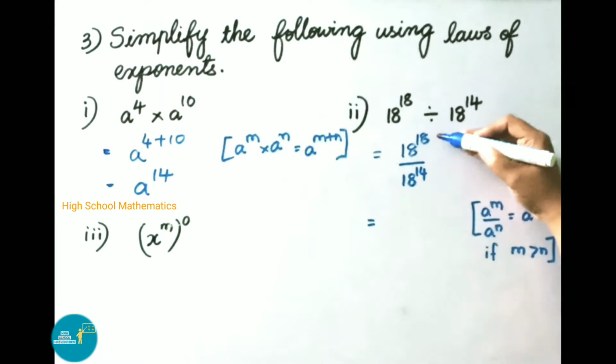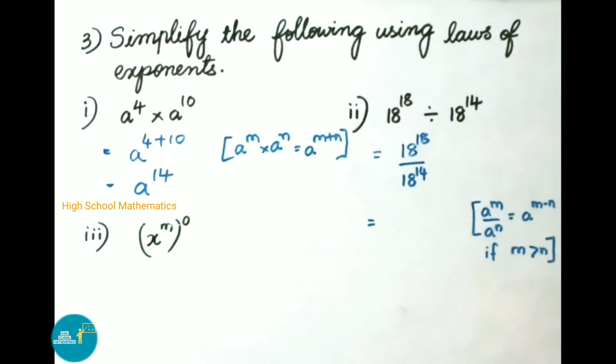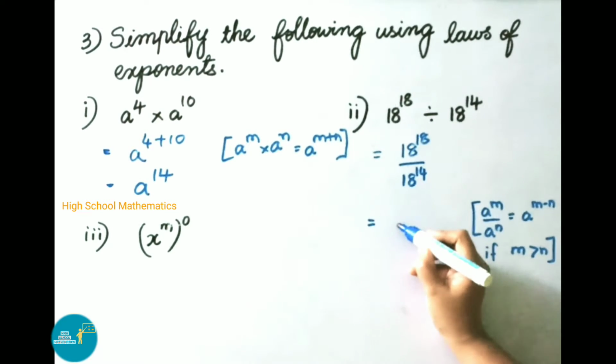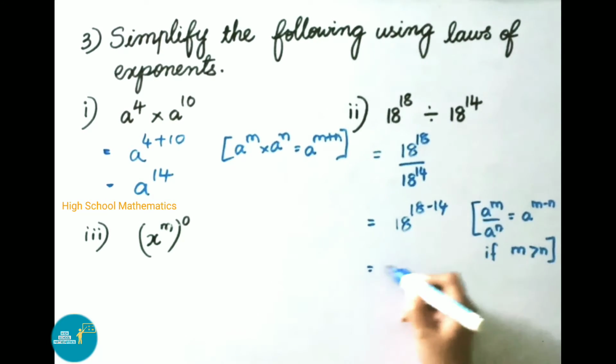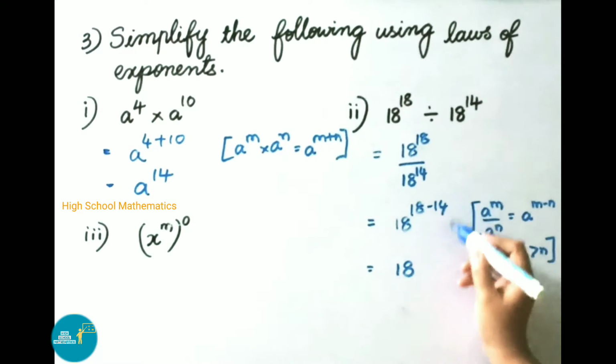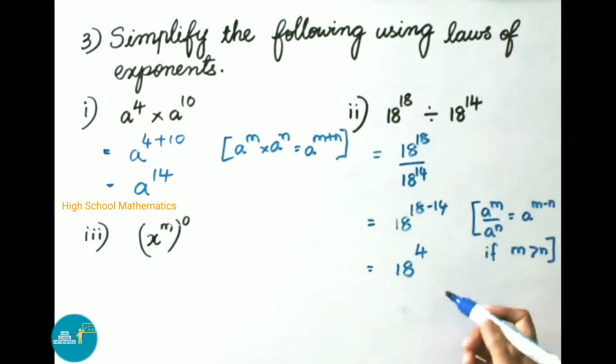Observe here, m value is 18, which is greater than n value 14. So we can apply this formula, that is a power m minus n. So we can write here 18 power 18 minus 14, and 18 minus 14 is 4. So the answer is 18 power 4. See now third one, x power m whole power 0.